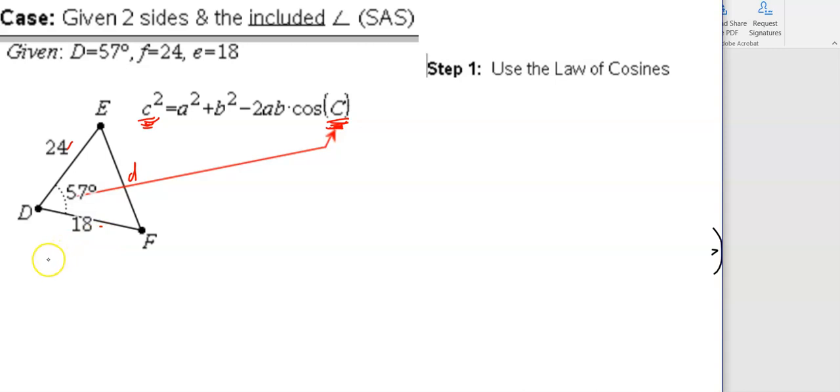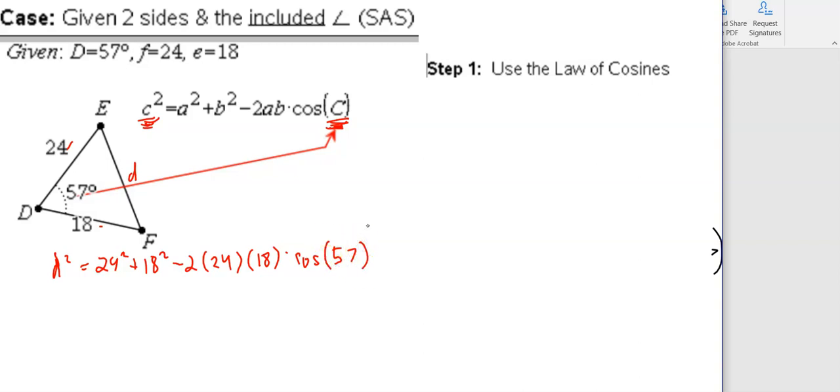So we get d squared, that's what we're trying to find, equals, we're just going to call it 24 squared plus 18 squared minus 2 times 24 times 18 times cosine of this angle 57, so cosine of 57.